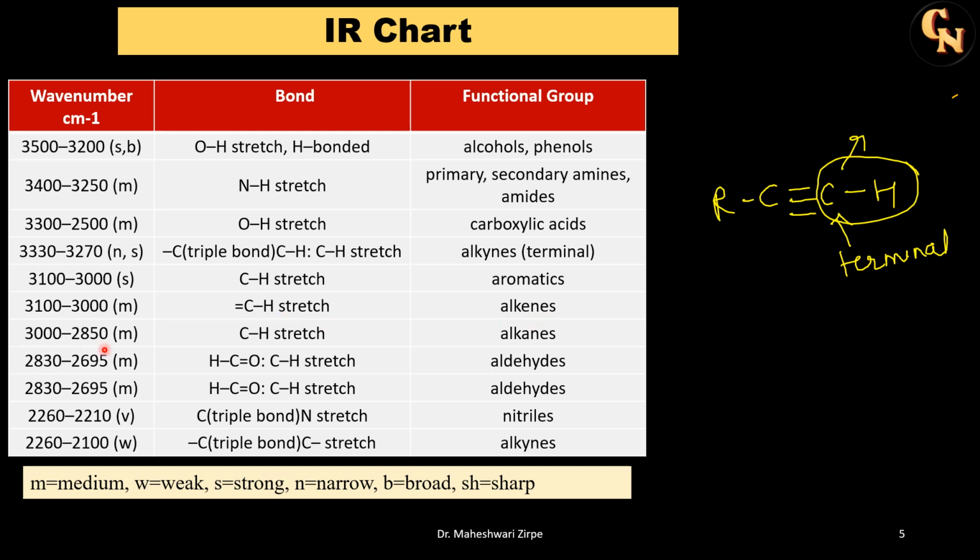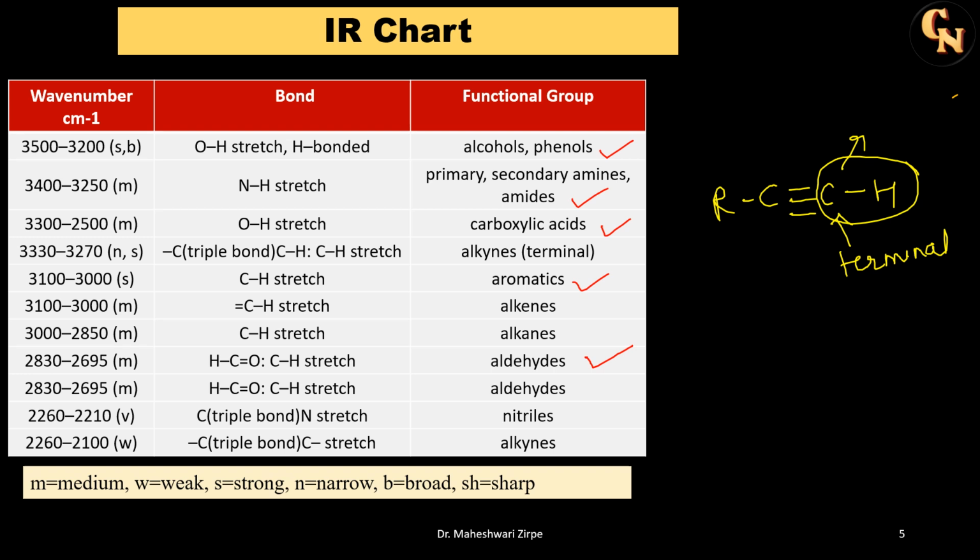Then 3000 to 2850, medium, CH stretching of alkanes. Similarly, 2832 to 2695, medium, will indicate CH stretching for aldehydes. A few of these you have to remember: aldehydes, aromatic rings, carboxylic acid, amides, phenols. These are important. You have to learn them by heart.